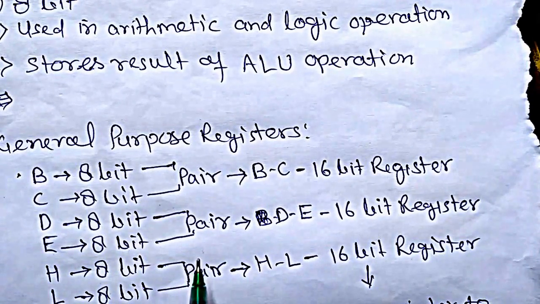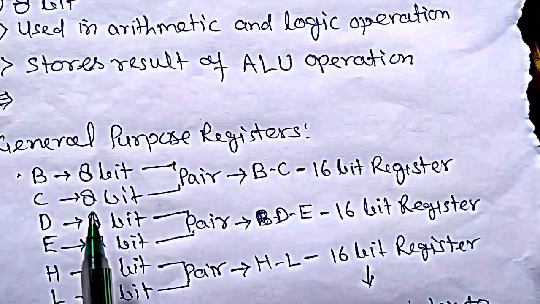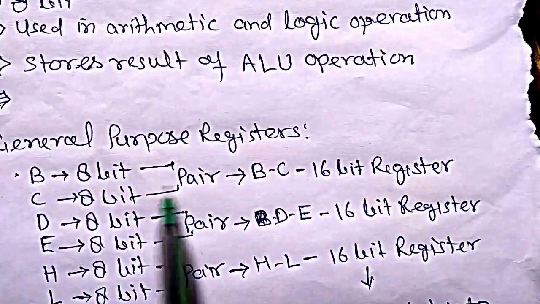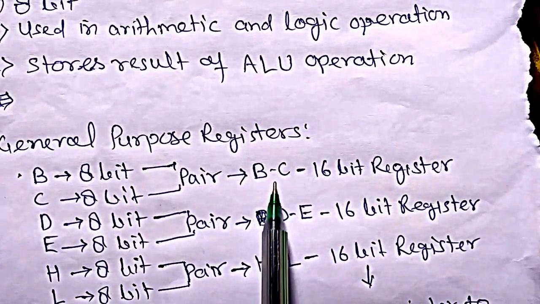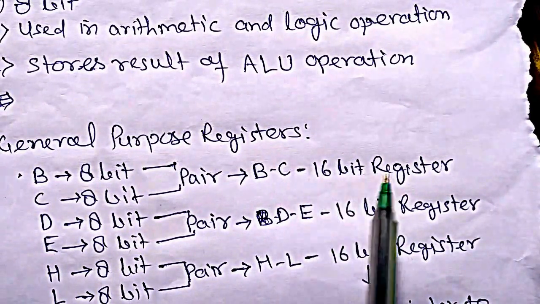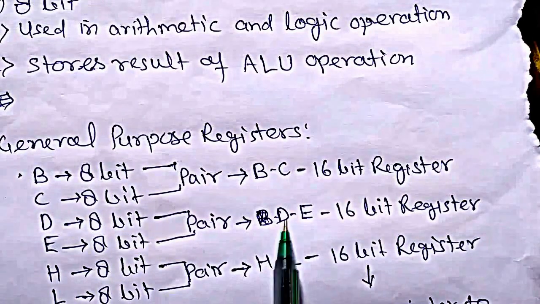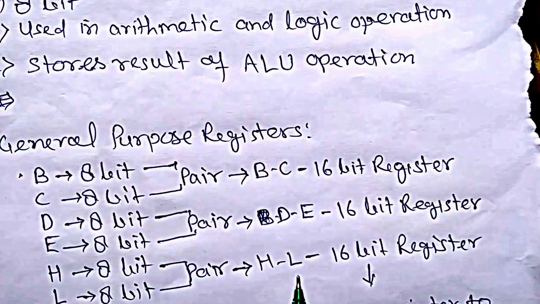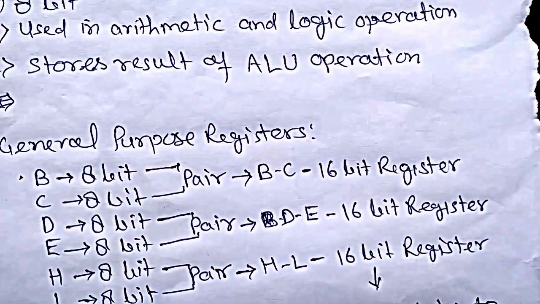When we combine them in pairs, when we make a pair BC, it becomes a 16-bit register. Similarly, DE is a 16-bit register and HL is a 16-bit register.